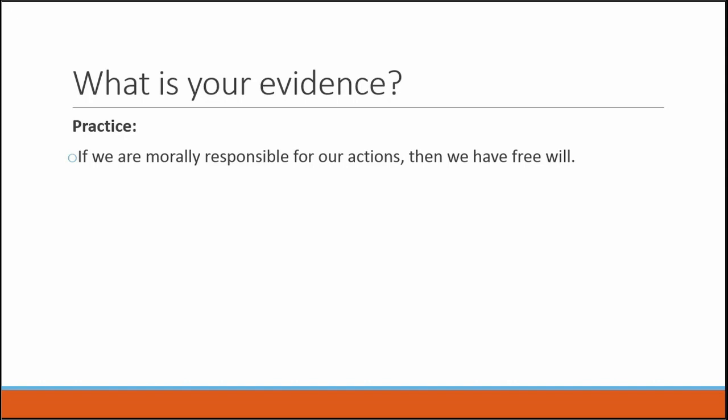Which, if either of those, is the author asserting is true? The answer is neither. The author is not asserting either that we are morally responsible or that we have free will. The author is only asserting that if the former is true, so the latter will also be true.